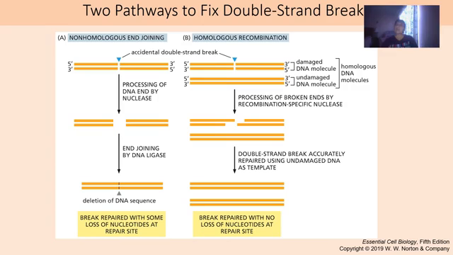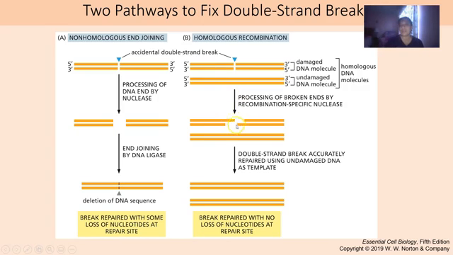On the other hand, you can have what we call homologous recombination. In this case, you need the homologous chromosome with its intact DNA sequence in place. And what you get is processing of the broken ends by what we call recombination-specific nucleases, which make what you can call sticky ends, right?